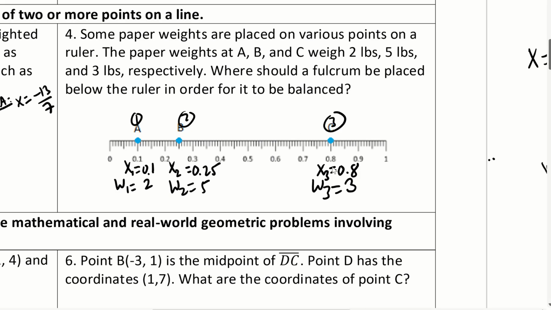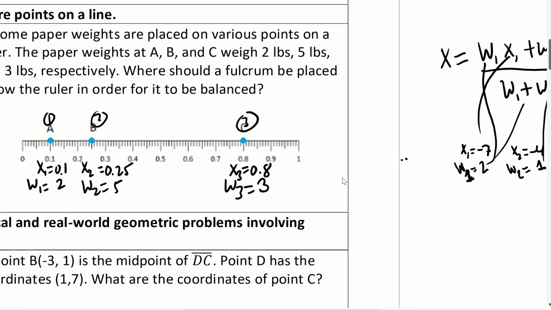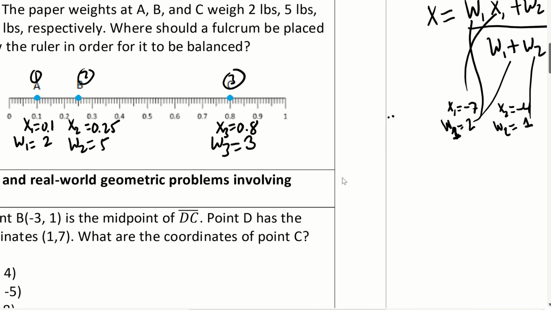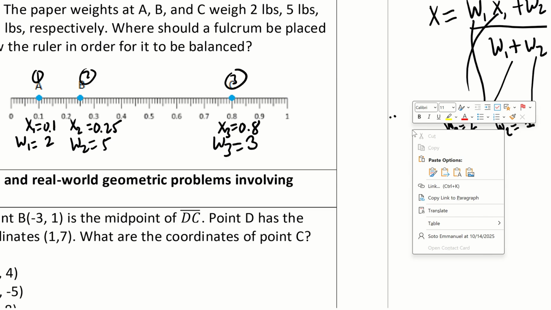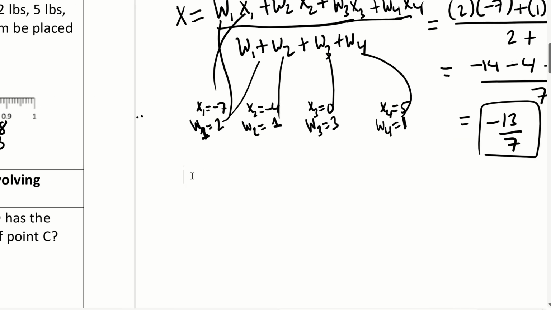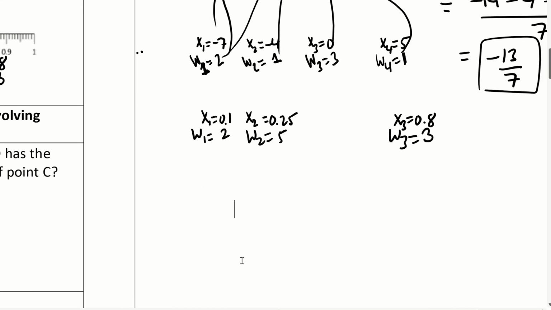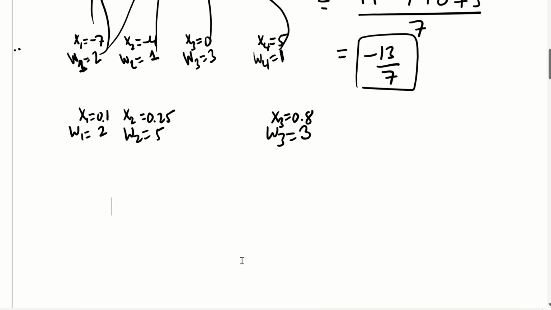Okay. It says, where should a fulcrum be placed below the ruler in order for it to be balanced? So in other words, they're asking for the weighted average. Where would I balance this? Okay. All right, so let's do that. Again, we're going to do the same thing and use the weighted average formula.